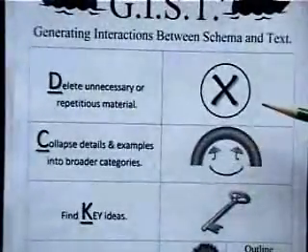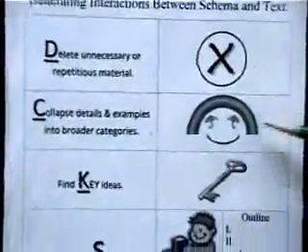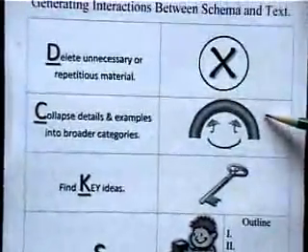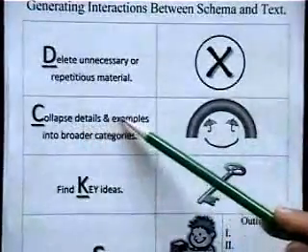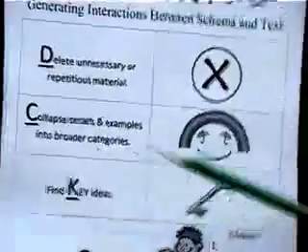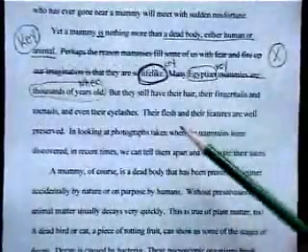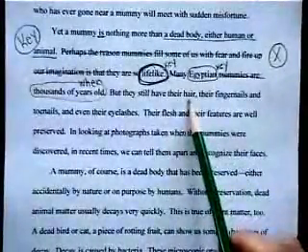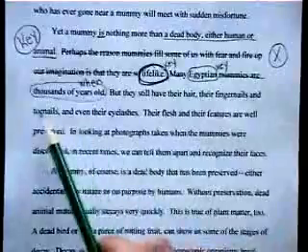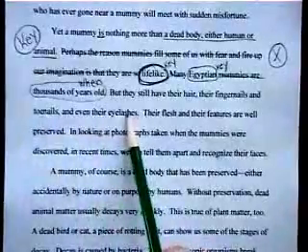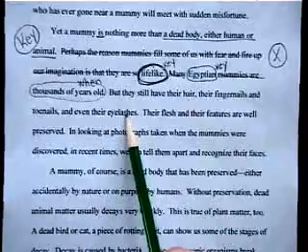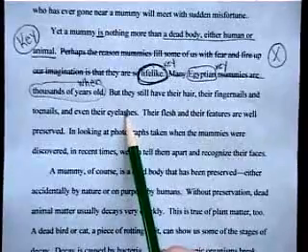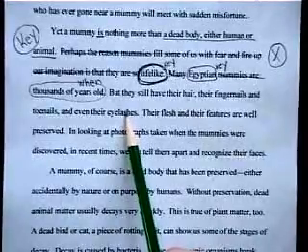Okay, let's take a look back here. Delete unnecessary or repetitious material. We found some key ideas. This one seems good for this example here. Collapse details and examples into broader categories. Those are details, when we talk about hair, fingernails, toenails, and eyelashes. So I think I'm going to collapse all these little details into a broader category. What would be a broader category?